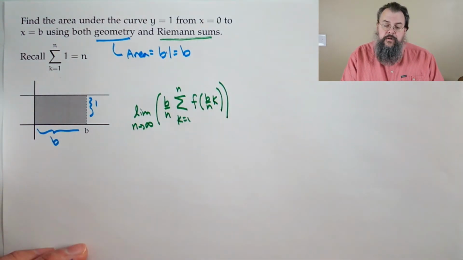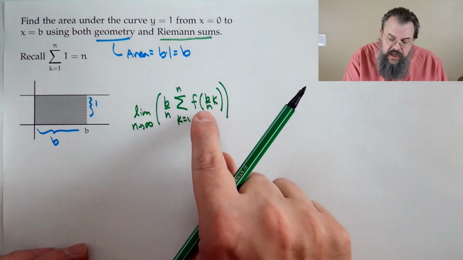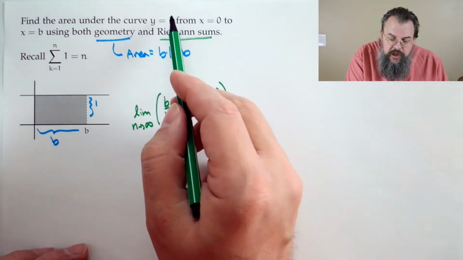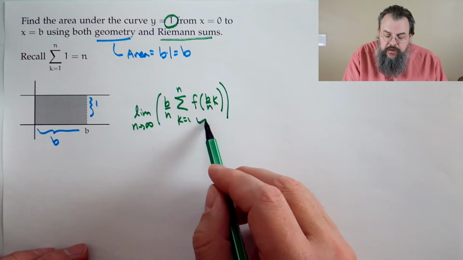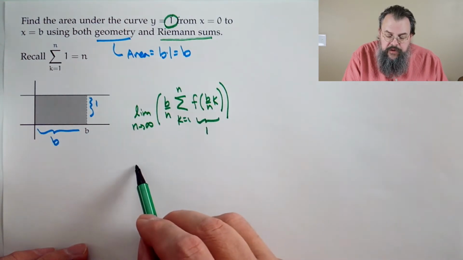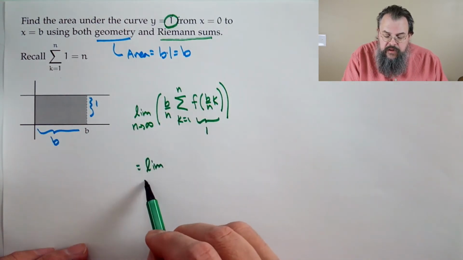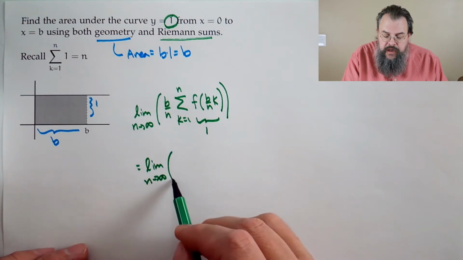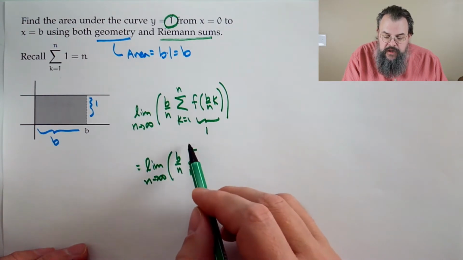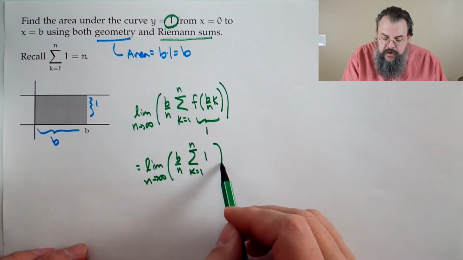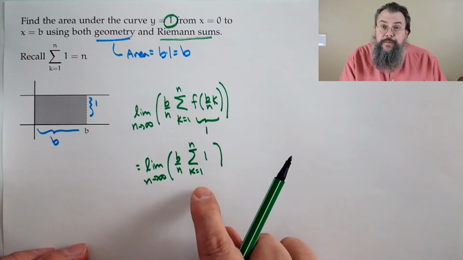All right, well, what's the function f? Well, here it's 1. So this is the limit as n goes to infinity of b over n times the sum, k equals 1 to n of 1. So we have to figure out what this sum is.